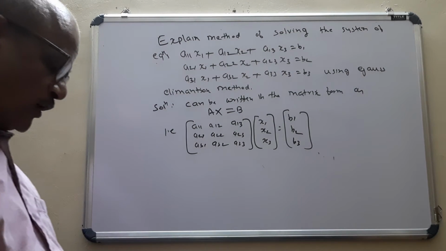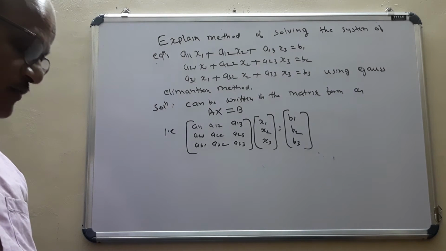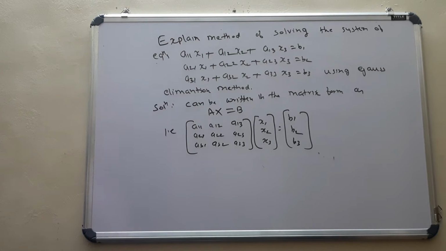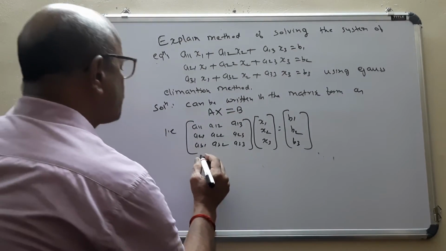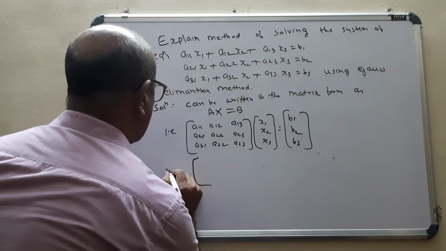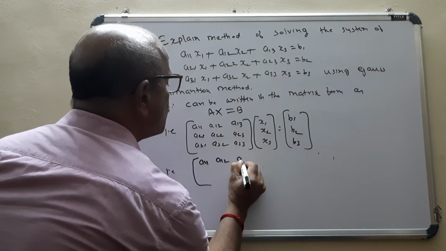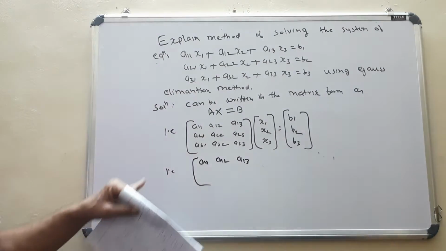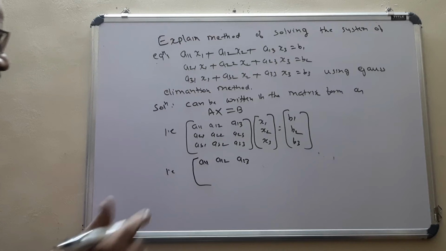Now again, here you have to apply successively elementary row operations so that the matrix A in the left hand side of this equation reduces to upper triangular. That is A11, A12, A13, because we are working with the first row only, hence the elements in the first row will not be changed.